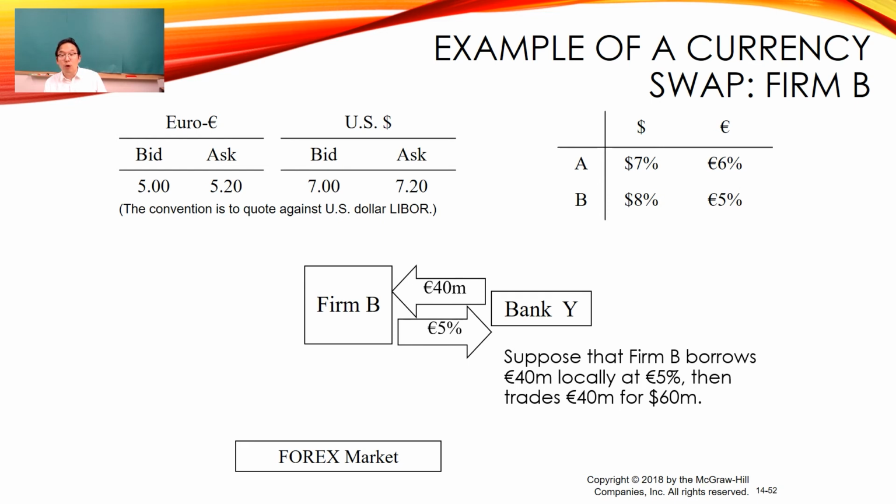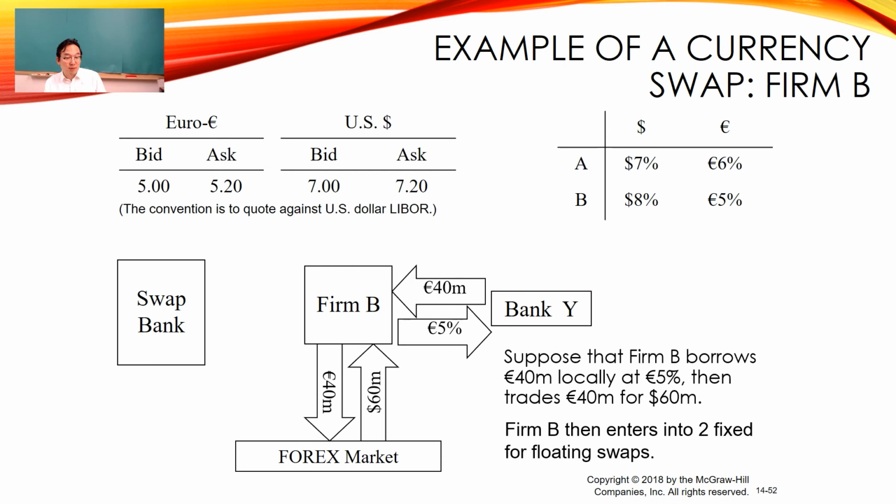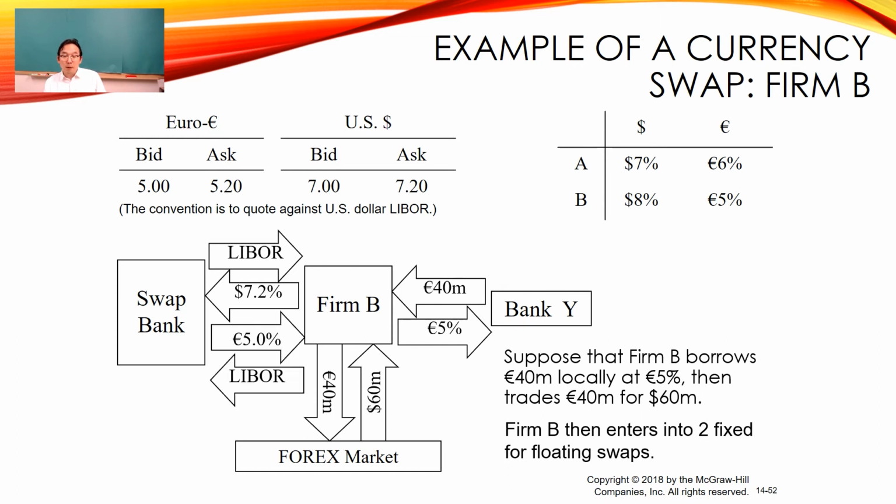Say they go to Banco Santander or whatever bank in Europe, Bank Y, borrow 40 million euros at 5%, go to the foreign exchange market and convert it into 60 million US dollars, then bring that to the subsidiary and enter into two fixed-for-floating swaps, just like company A did with Societe Generale, the swap bank.